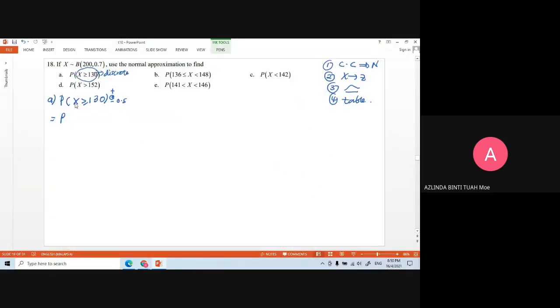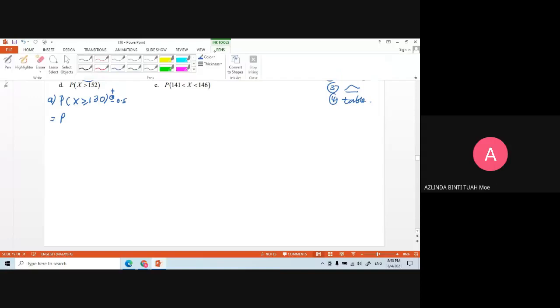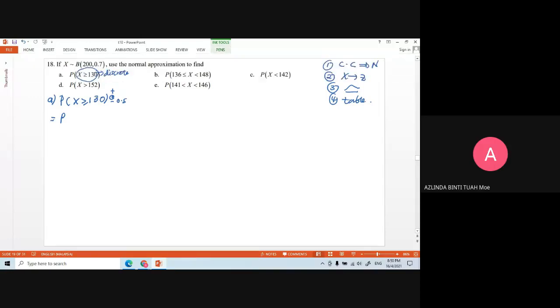Continuity correction X greater or equal to 130. Apa tu madam? Continuity correction for 130 here. Okay madam, kejap.